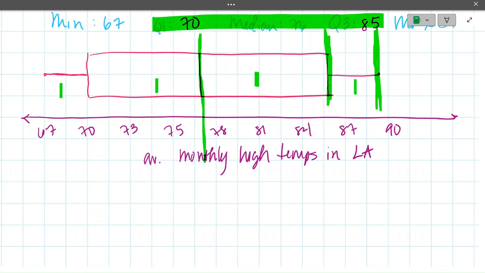We're not going to talk about those things in this video, but I might say that the range of high temperatures on an average monthly basis in LA goes from 67 to 89. So if I wanted to find the range, I would do this. I might say that the range of temperatures in LA, when we look at the average monthly high temperatures, is only 22 degrees across all 12 months.